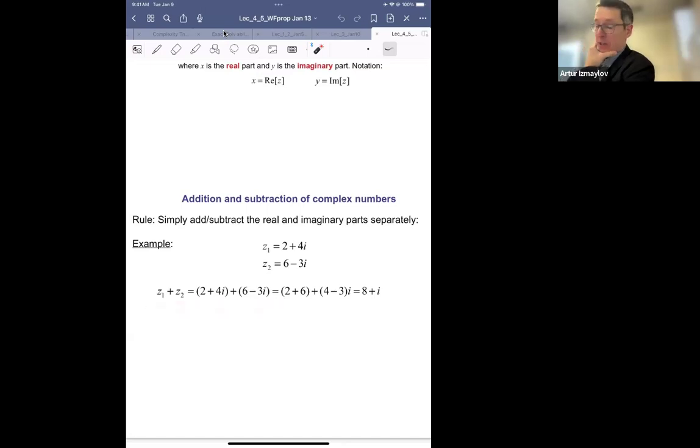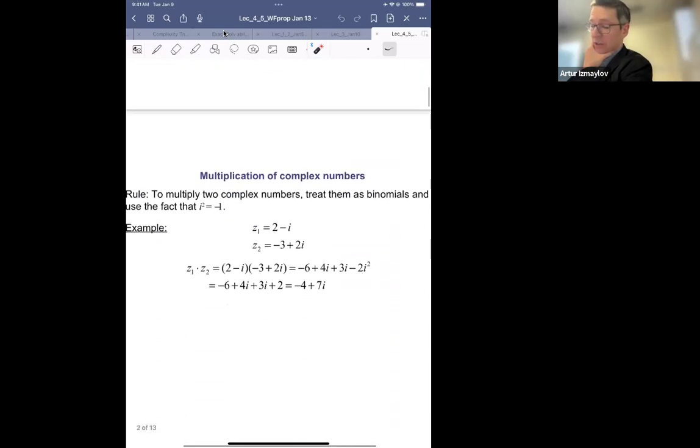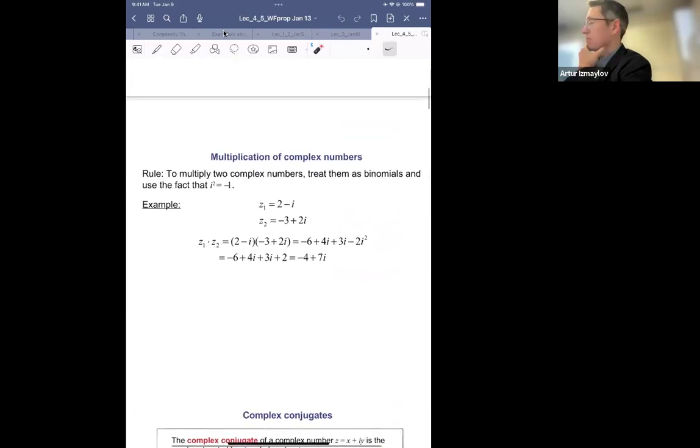Addition of complex numbers is very straightforward. We just add the real and the imaginary parts, so there's no mystery here. And then, since mathematically speaking it is a field, we could multiply as well, and we could also divide.